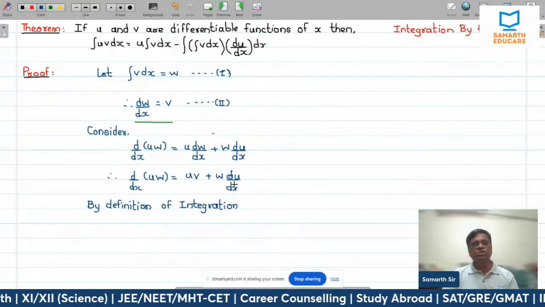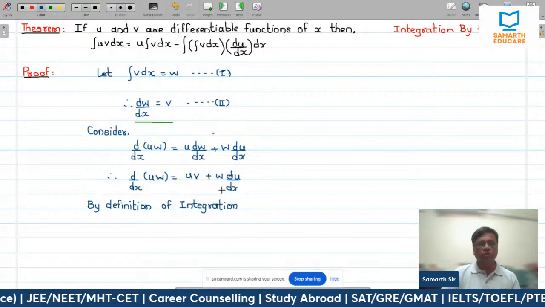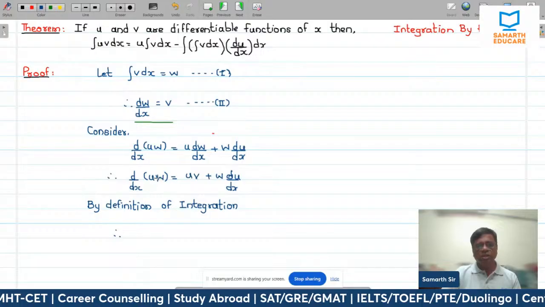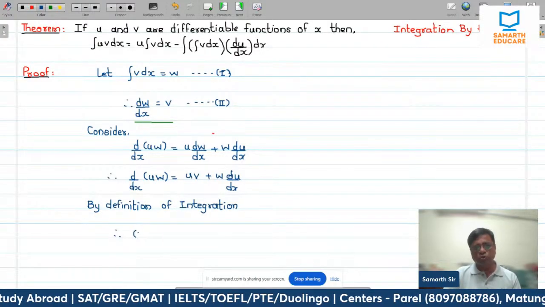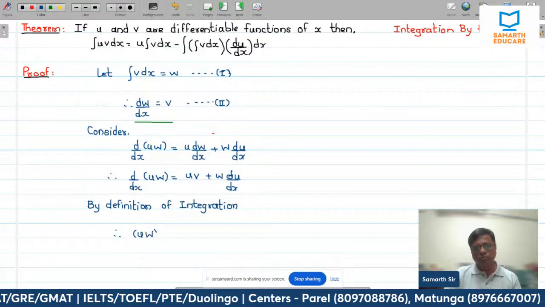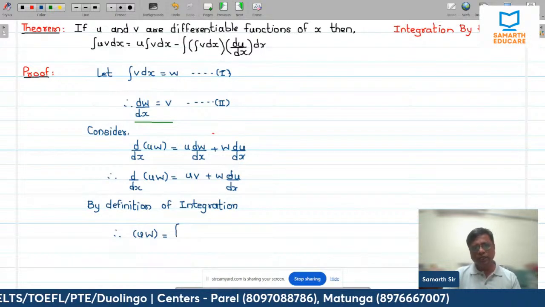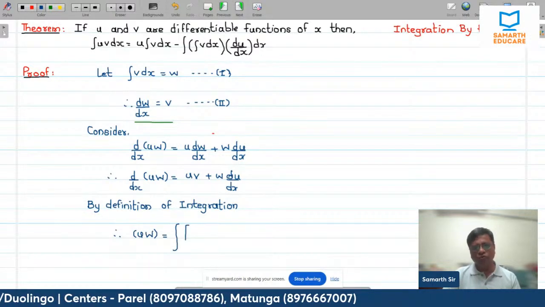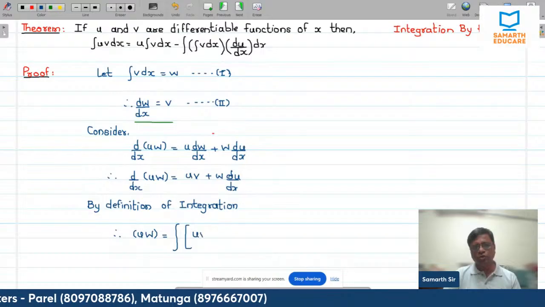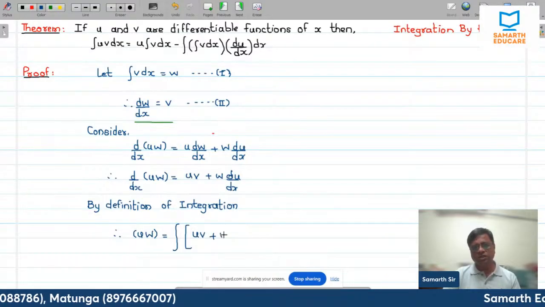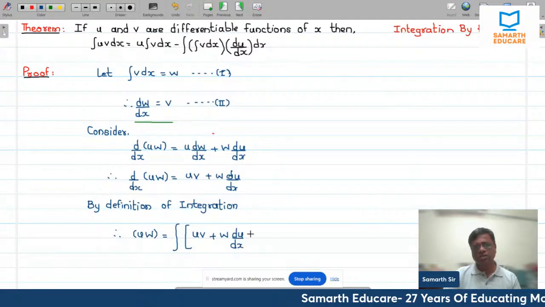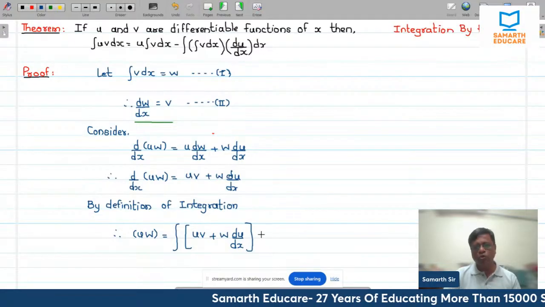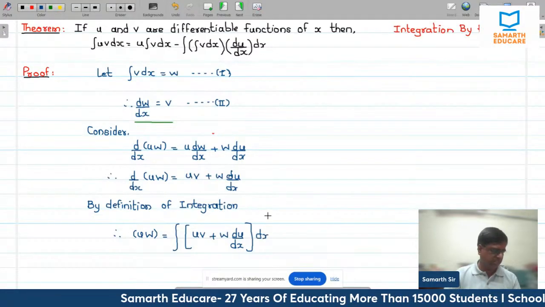It's a reverse process, it is anti-derivative. तो इसका मतलब इसका डेरिवेटिव अगर राइट हैंड साइड पे है, तो u इंटू w will be equal to integration of u into v plus w into du by dx, bracket close with respect to x.